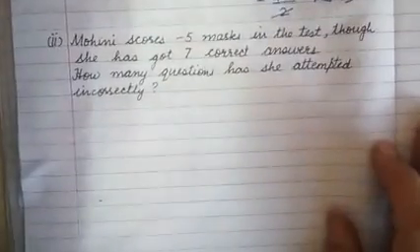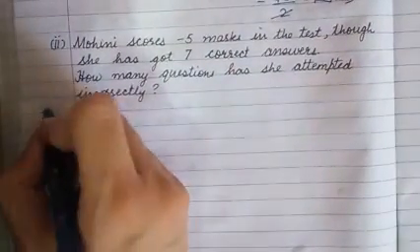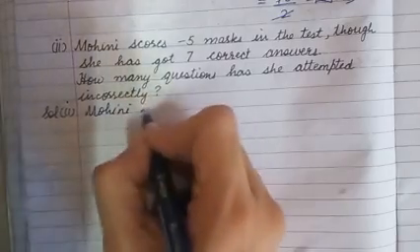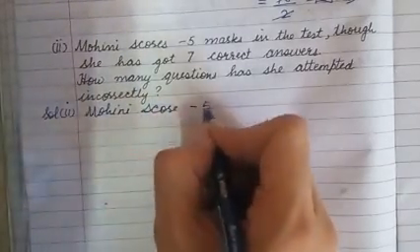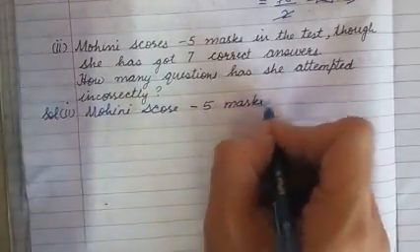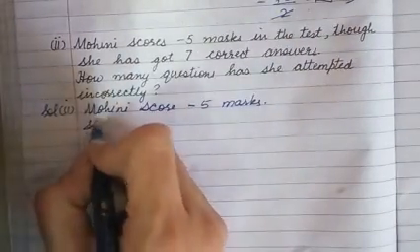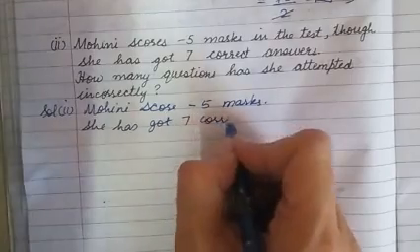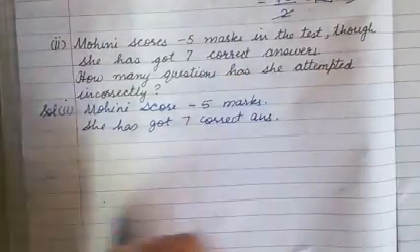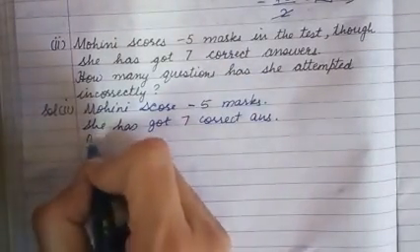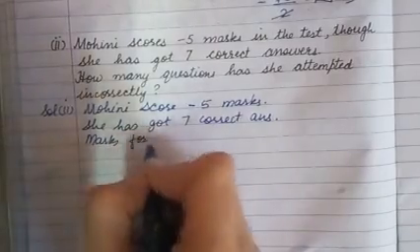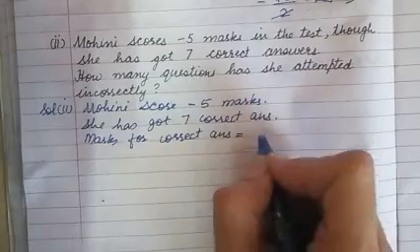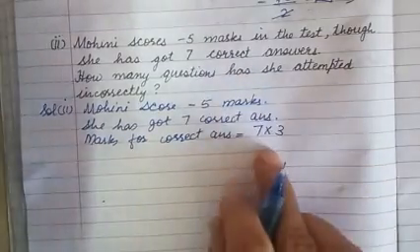Now let us do the second part. Here in the second part, Mohini scores -5 marks in the test, though she has got 7 correct answers. So marks for correct answers will be 7 into 3, because for 1 it is 3.